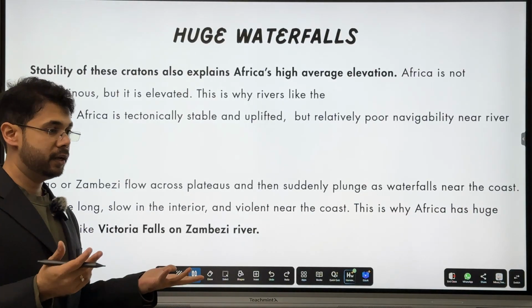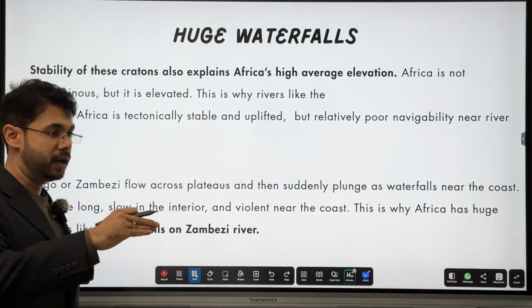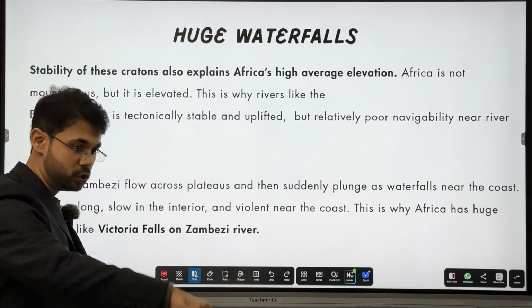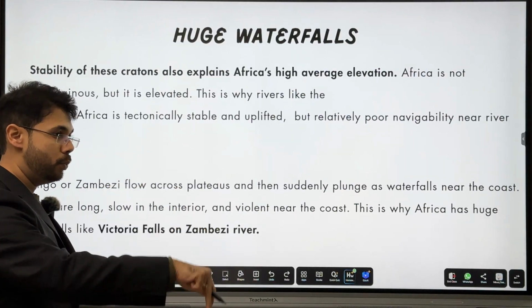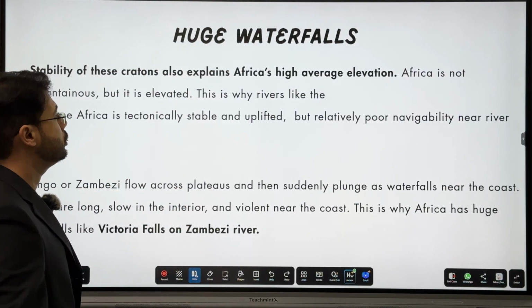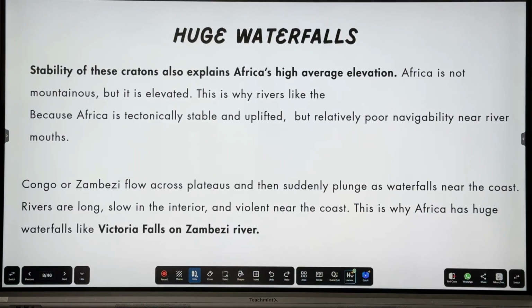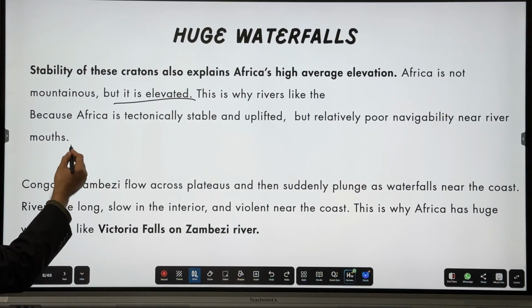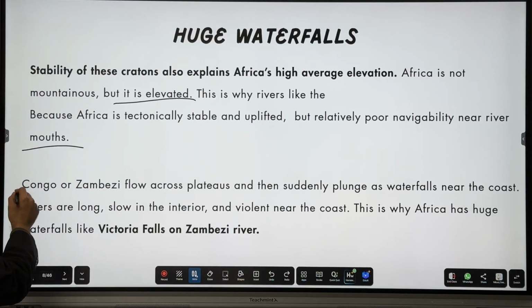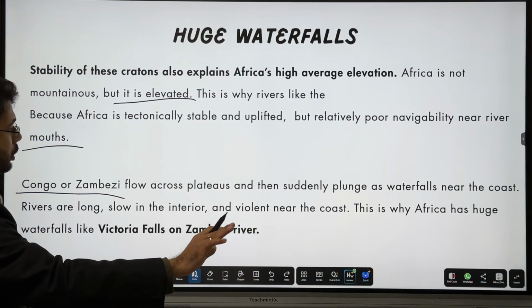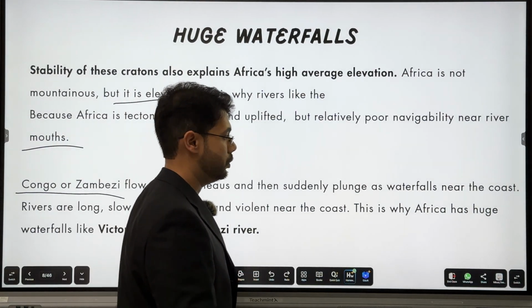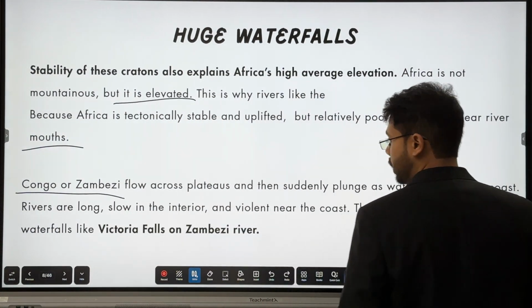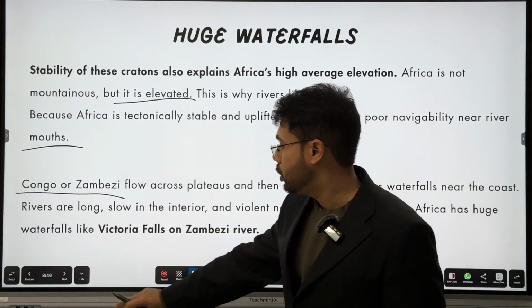Rivers flow on top of the plateaus, and around the coasts they just drop down, forming these huge waterfalls. It is elevated, tectonically stable and uplifted, with poor navigation near river mouths. So the Congo or Zambezi flow across plateaus and then suddenly plunge as waterfalls near the coast. So that's why they have huge waterfalls.